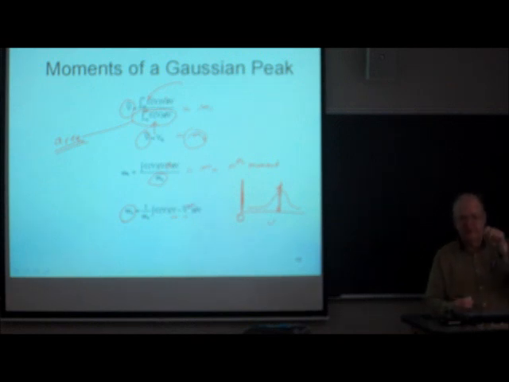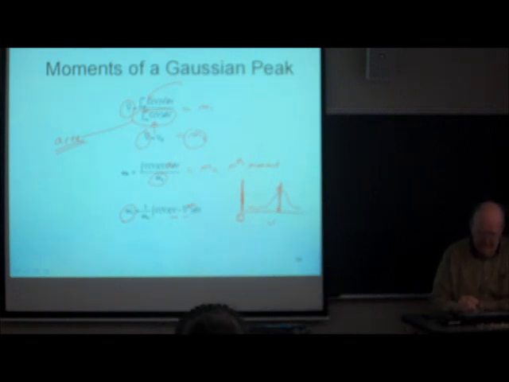Remind me to fix that. That equation is wrong. It's V minus V bar, the whole quantity squared. This is the moment about the center of gravity. And this quantity, m2 prime, is really related to the variance of the peak.